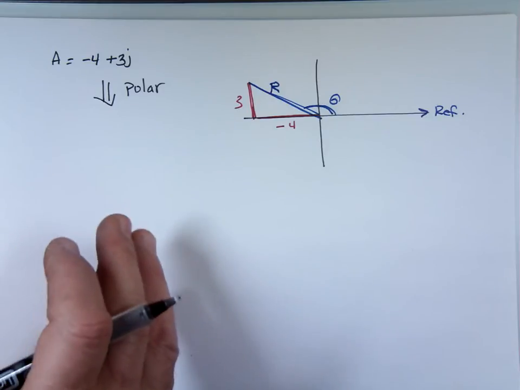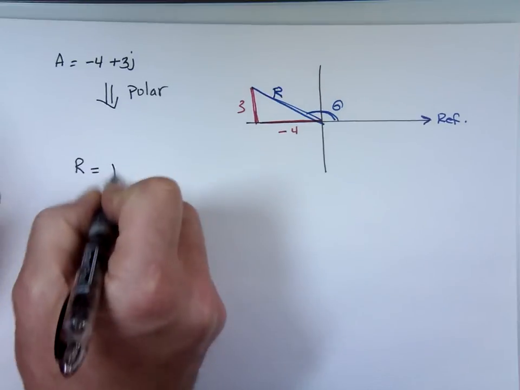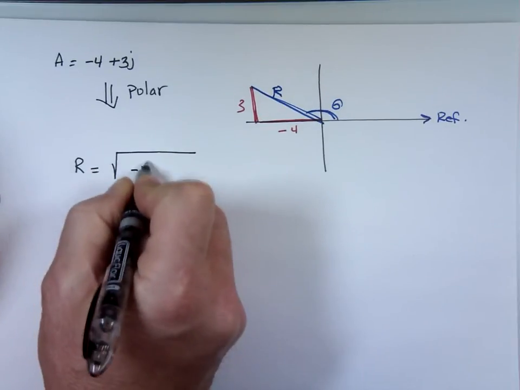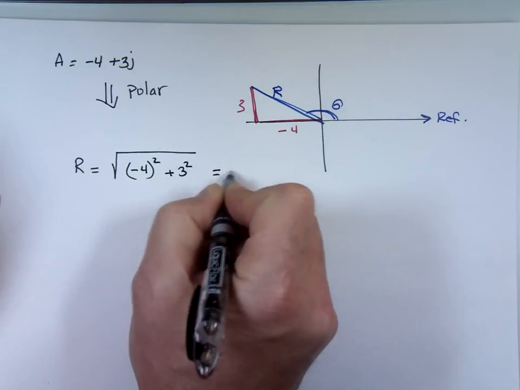So to get r, it is the square root of negative 4 squared plus 3 squared. That's the square root of 25, which is what?